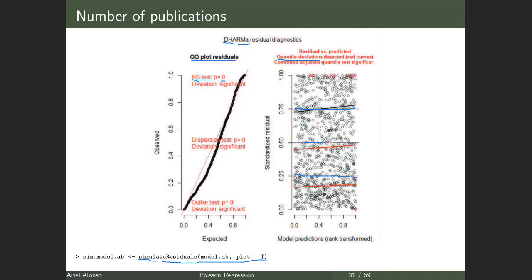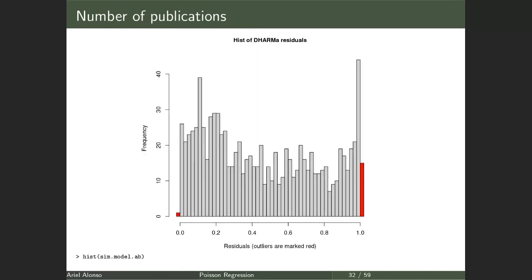This is the quantile you get when you use the residuals, and the horizontal lines are the quantiles of a uniform distribution. Here again, you see that there is a problem, and you get this message from our quantile deviations. This is the red curve. So the model is getting it wrong. I mean, the residuals are not following the 50% quantile and 25% quantile of a uniform distribution. So we seem to have a problem with this model.